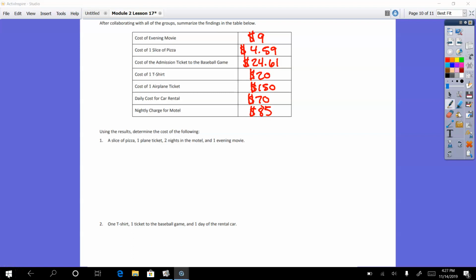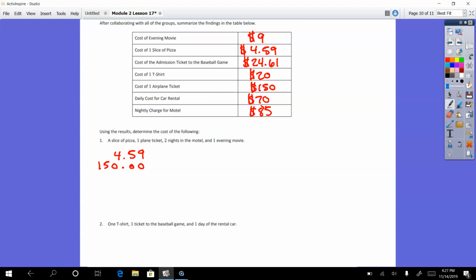Okay, using the results determine the cost of the following. So for a slice of pizza was $4.59. One plane ticket was $150. So I'm gonna line up my decimals here. $115. 2 nights in the motel.